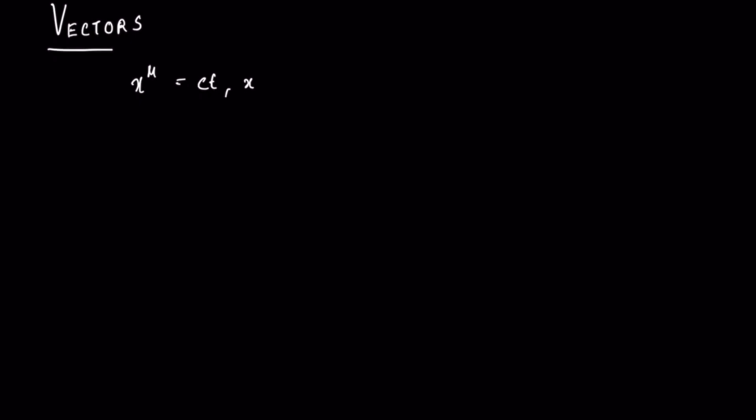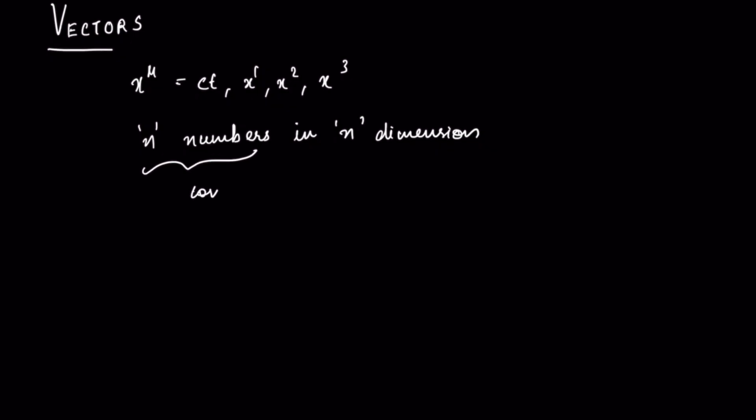But in general, we can represent as n dimension, so n numbers. Vectors can take n numbers in n dimension. N numbers in the sense these are the components of the vector. So vectors can take n components in n dimension.